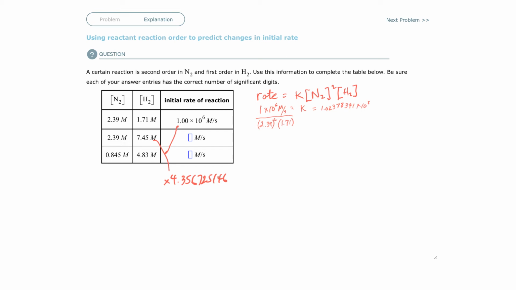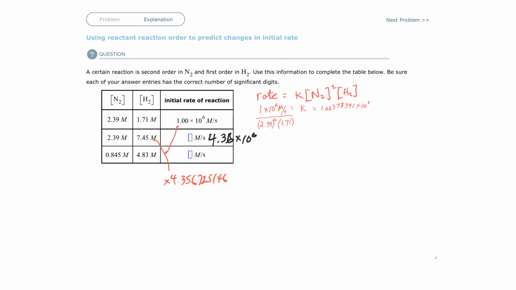And I get this first one as 4.3, let's see, how many significant digits? These are all to 3, so I need to go to 3 significant digits. So it's 4.36 times 10 to the 6th molar per second.